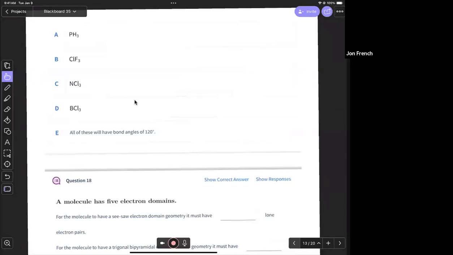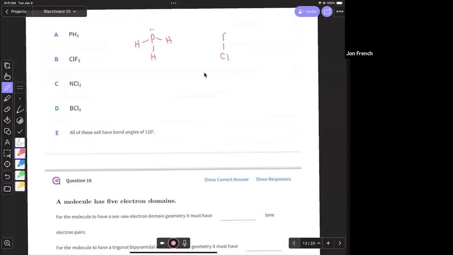So we're looking for 120-degree bond angles for this question, right? So the phosphorus trihydride is in the tetrahedral electron domain geometry.